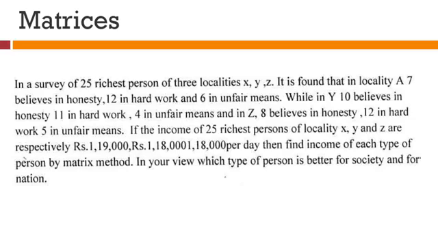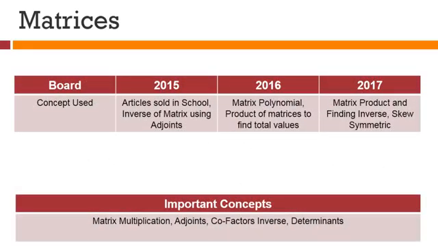Different compositions of societies are given, in localities X and Y. We have been given a composition of how many people believe in these things in these societies, and incomes are given for these people. You have to make the matrix of locality versus the type of belief, and simply multiply to get the solution. Not a very difficult problem.